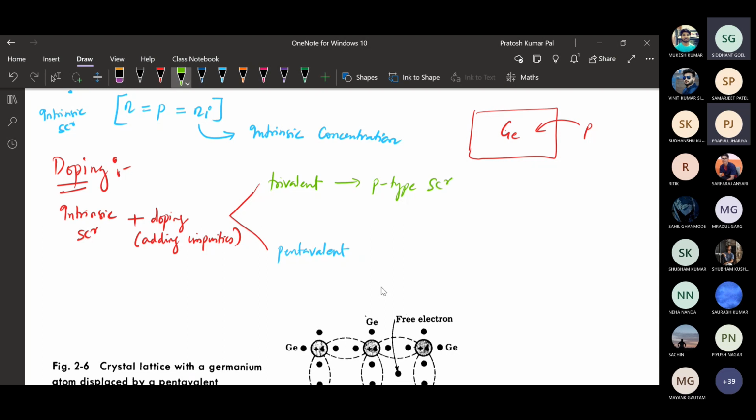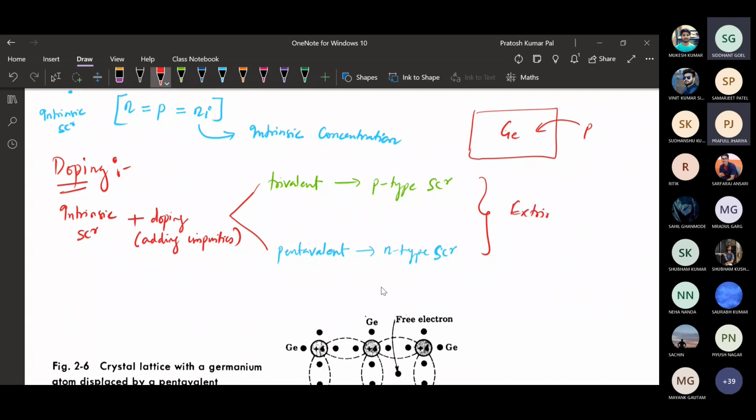And if we use pentavalent doping, then it will form an n-type semiconductor.